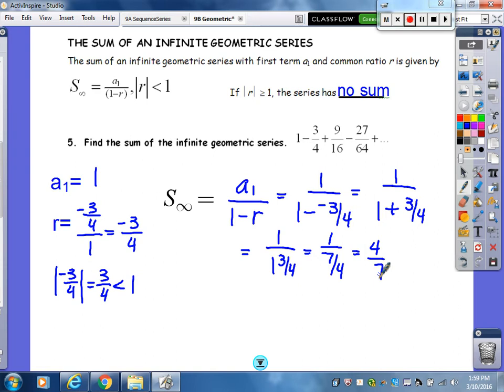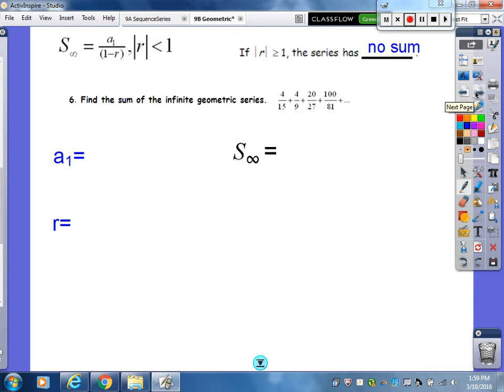All right, let's finish up with a couple more examples. Look at the next one. All right, so here again we have find the sum of the infinite geometric series. All right, what's my first term? If you recognize it's 4/15. All right, let's find the ratio. So we're going to go 4/9 over 4/15.